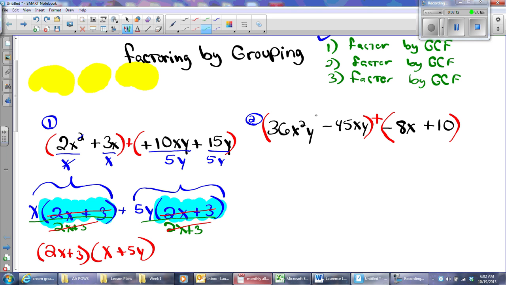Okay, so I'm looking at 36x squared y minus 45xy, and I'm looking for the GCF. And I'm going to write the GCF under here because that's what I'm going to divide by, and then I'll pull it out. Okay, looks like the GCF of 36 and 45 is going to be 9. I'm not finding a larger one that goes in there.